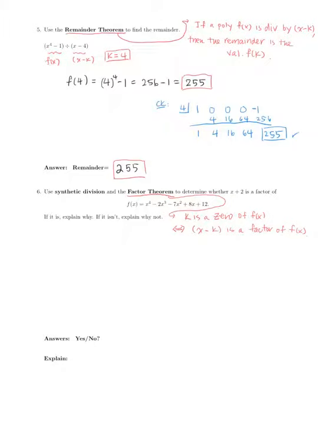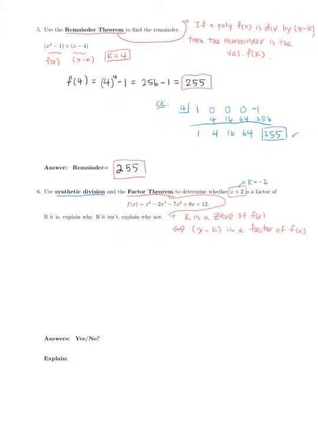So what we want to do is determine whether x plus 2 is a factor of this function right here. Now, I also want you to use synthetic division to make sure that the remainder is going to be 0. All right, so if I translate this into the theorem, instead of saying k is a 0 of f of x if and only if x minus k is a factor of f of x, in this case our k is going to be negative 2.